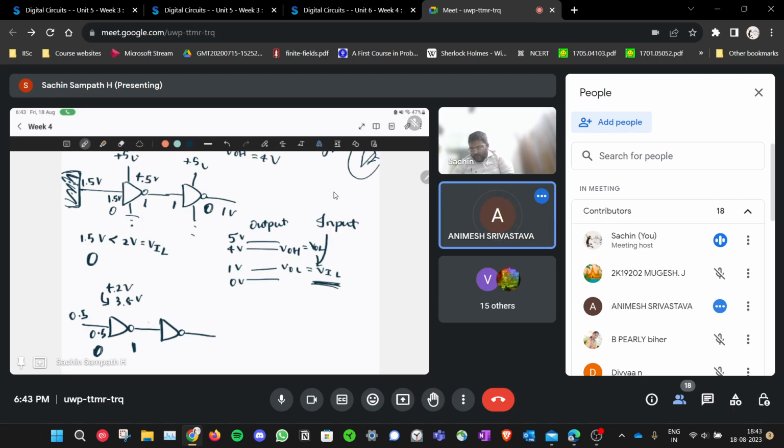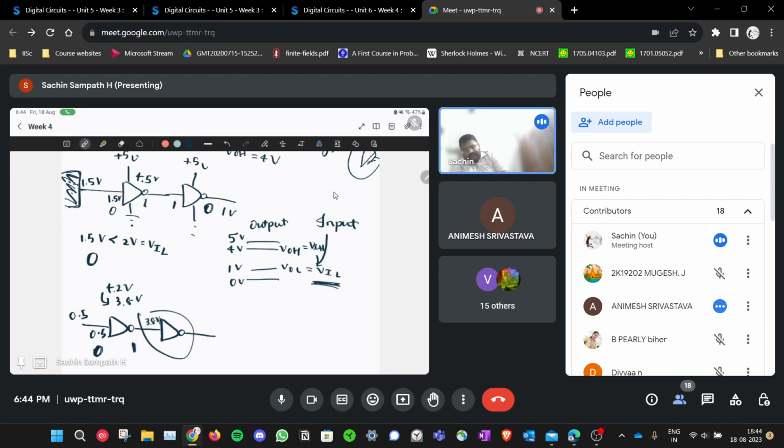Now you have 3.8 volts at the second inverter's input. Now what happens? This VIL is same as VOL and VIH is same as VOH. So this 3.8 volts, is it high or low for the second inverter? Yeah, it is undefined because it's not between 4 and 5 volts.